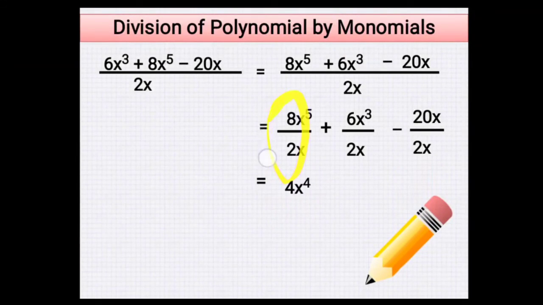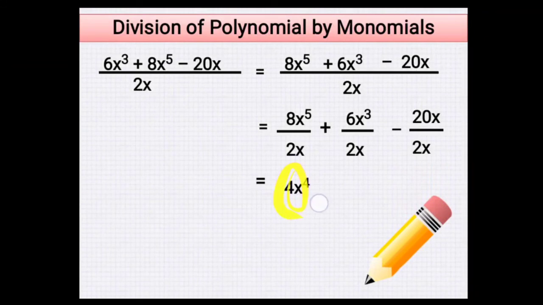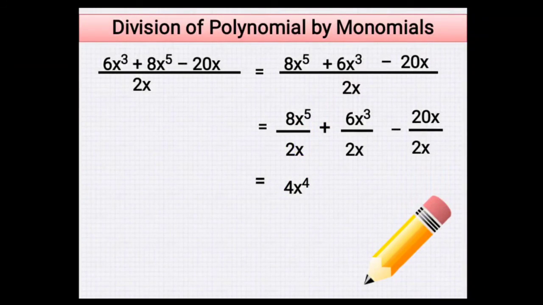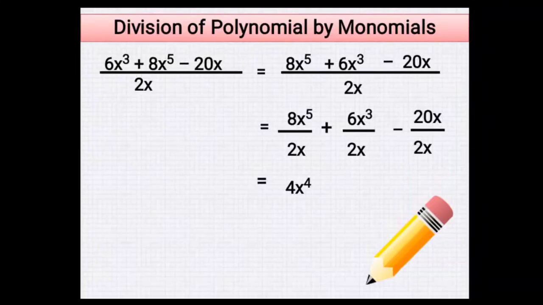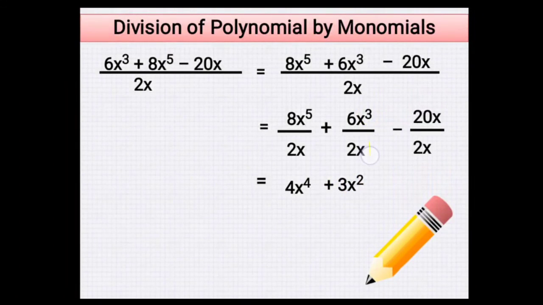Again, 8 divided by 2 is 4. Then copy the variable x. Then subtract 5 minus 1, which is 4. Next, 6 divided by 2 is 3. Copy the variable x. 3 minus 1 is 2. That's why we have 3x squared.